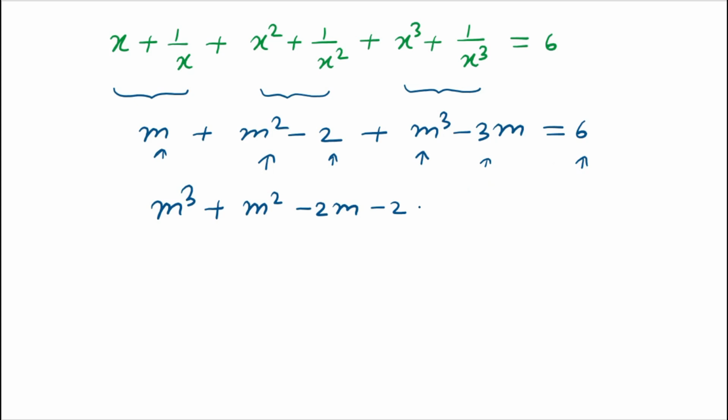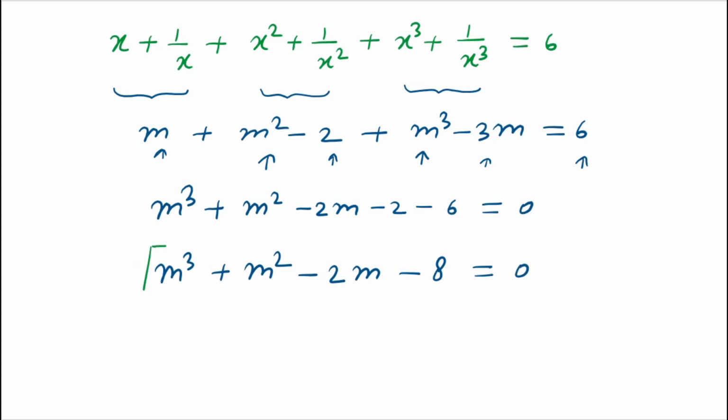If we take it to the left hand side, then this is negative 6 and this is equal to 0. So m cube plus m square minus 2 times m, minus 2 minus 6 is minus 8, and this is equal to 0. This is a cubic equation.